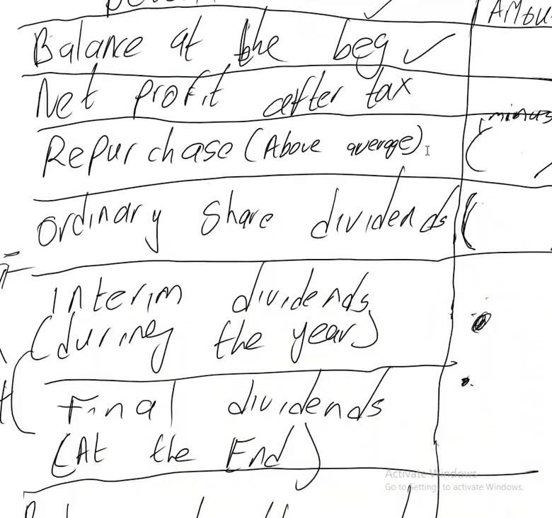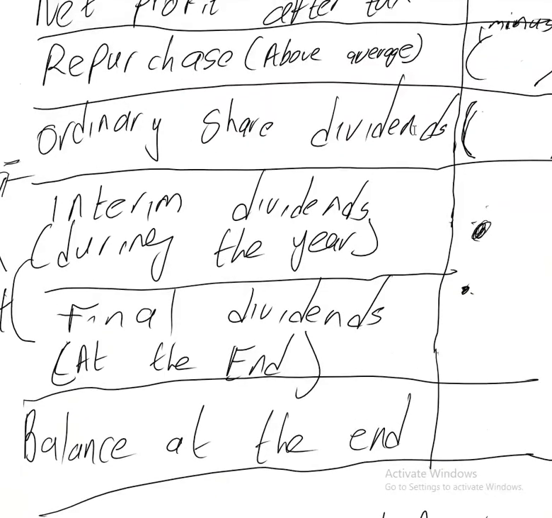Now the repurchase always is gonna be in brackets, guys, because the repurchase, remember, you are paying, so money is going out, right? Part of the profit that you thought you had, now you are repurchasing something, you are buying something using that money, so that money has to decrease. That's why it's in brackets. Then we will have the ordinary share dividends. The ordinary share dividends will also be in brackets, because again you are paying dividends.